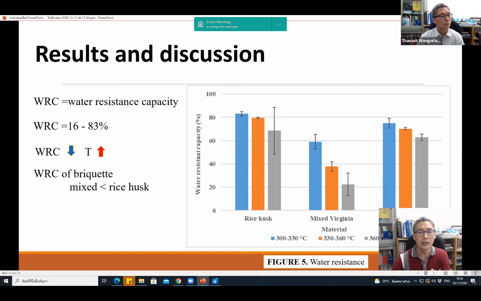Particle size of tobacco residue was bigger than rice husk, and increasing the size of the material results in decreasing water resistance. Also, a decrease in compaction pressure results in decreased water resistance, since the sealing up of smaller voids between particles prevents water from infiltrating and passing through.